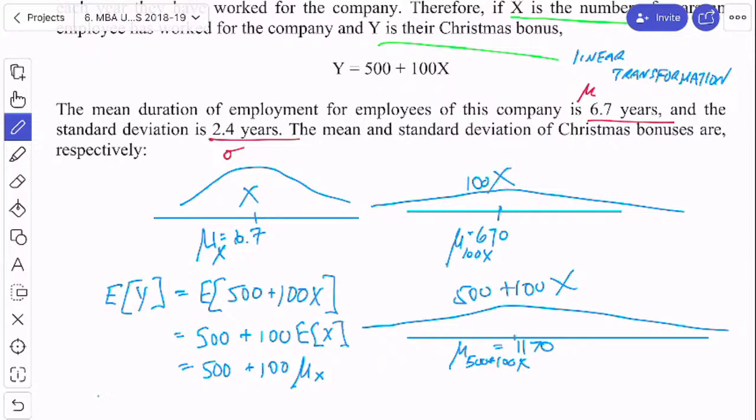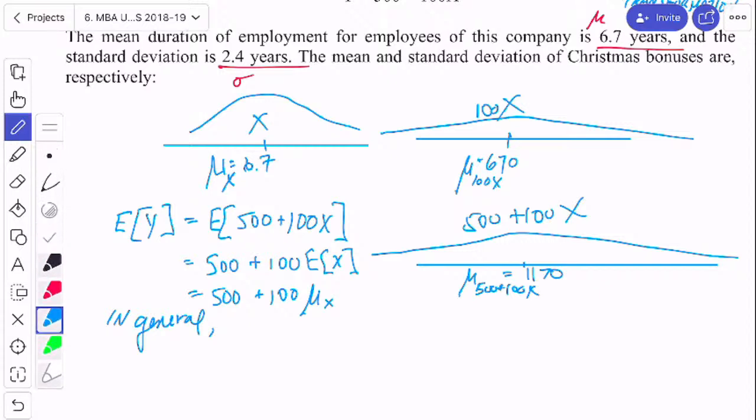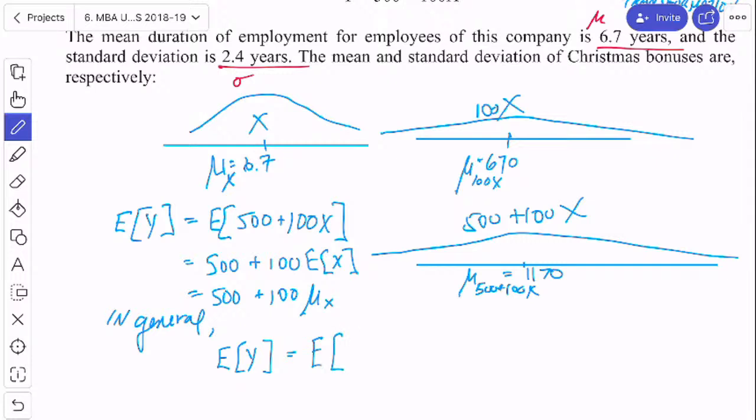So in general, for this operator where I multiply every value of X by b and I shift by a, it will just be the same for the mean.